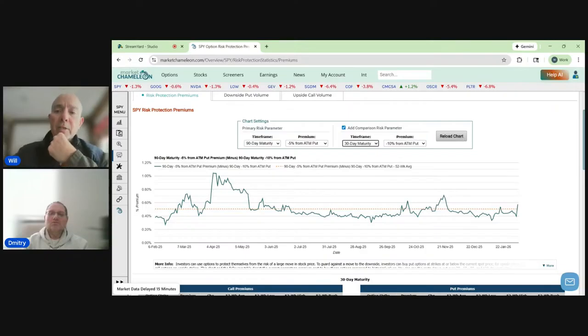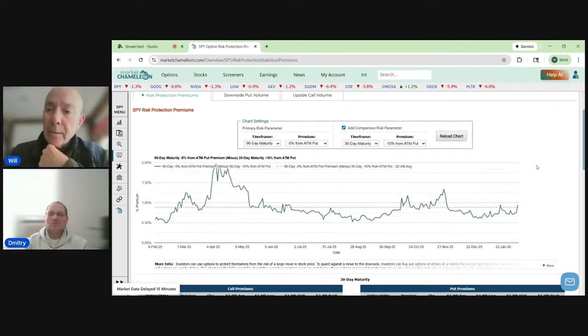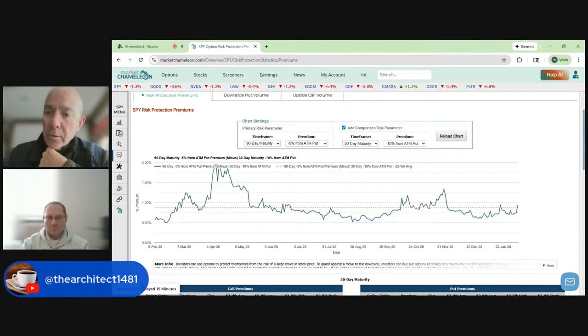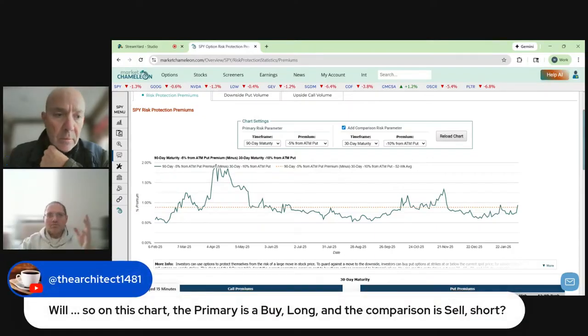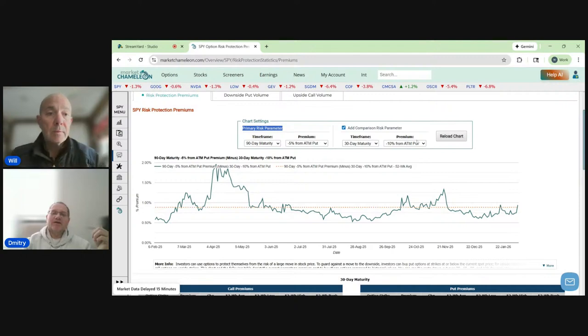Someone's asking, actually, it's Jim. He says, so in this chart, the primary is a buy long and the comparison is a sell short? Well, yeah, because wherever you add here, the comparison will subtract it. So in this situation, it's a kind of a long minus because you're doing a minus.